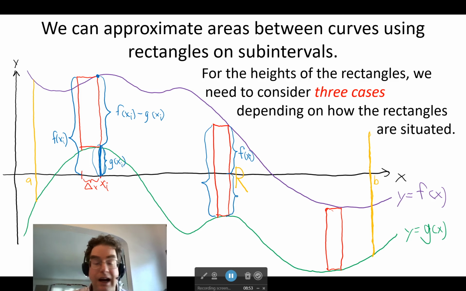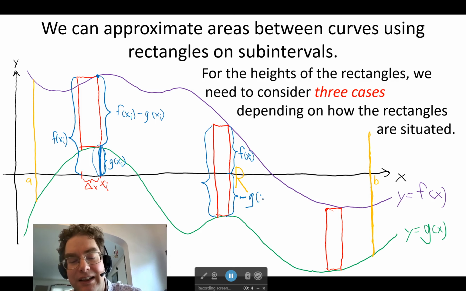But this height is not going to be g of xi, because you see g of xi here would be negative. And can the height of a rectangle be negative? No, of course not. Okay, so what we have to do is adjust the sign here, and we see that to make sure that height is positive, we have to stick a negative sign in front of g of xi, and when we take the negative of a negative, we get the positive.